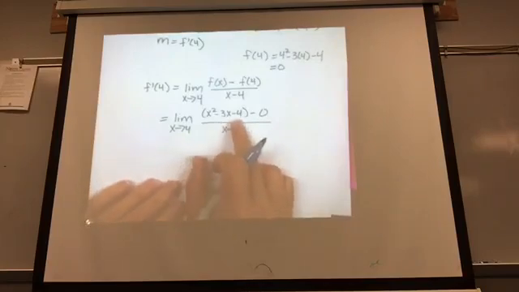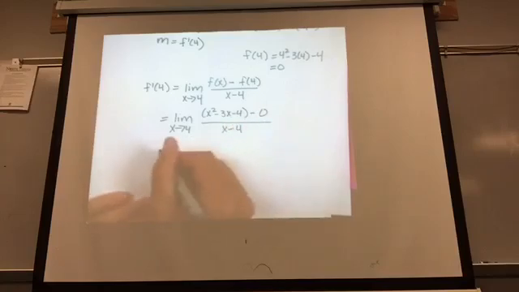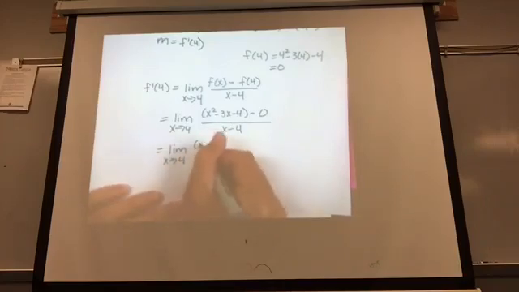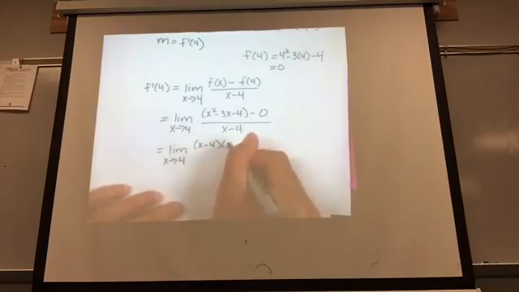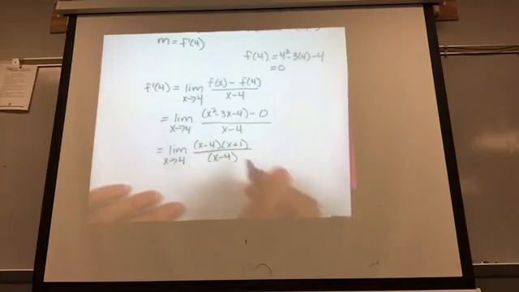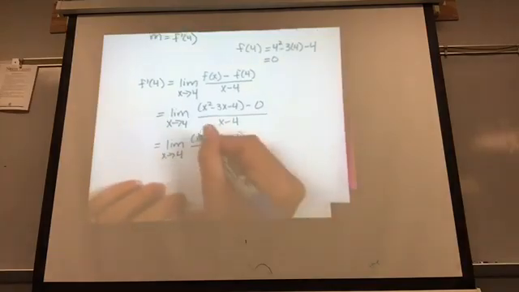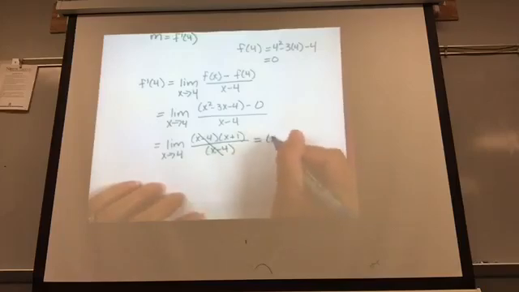Factor x squared minus 3x minus 4 into x minus 4 times x plus 1. And now I have just x plus 1.